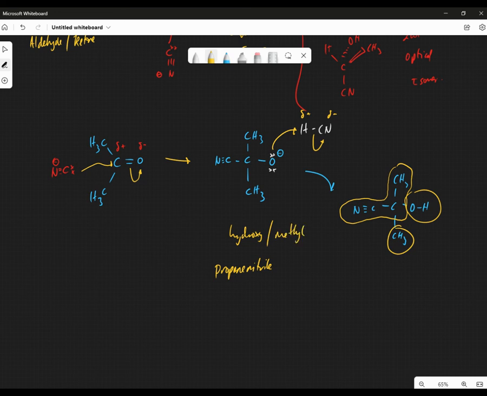Now, what comes first alphabetically? Hydroxy does, because H comes before M, and they're both on number 2, so this is known as 2-hydroxy-2-methyl propane nitrile. And it is another example of a cyanohydrin.